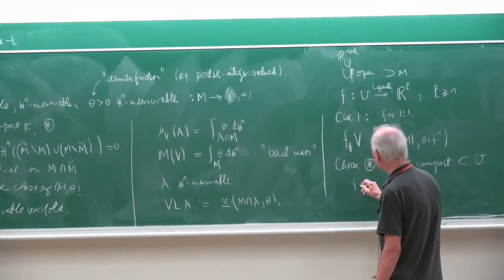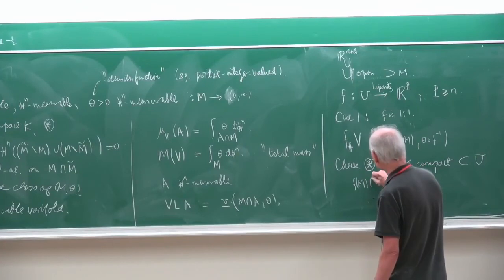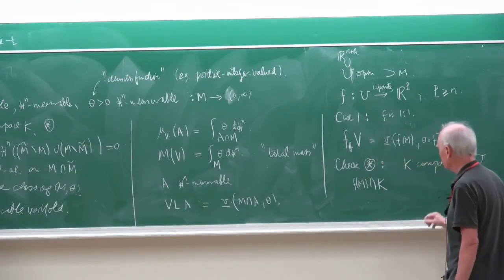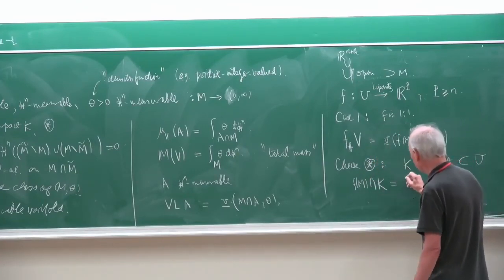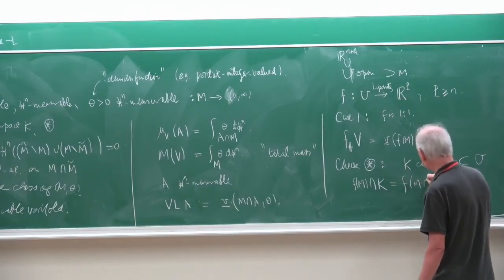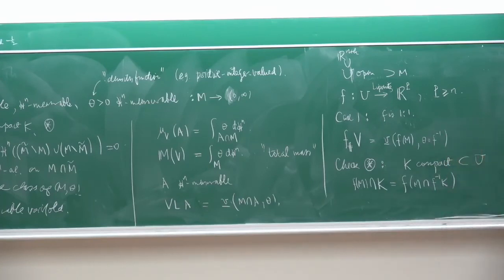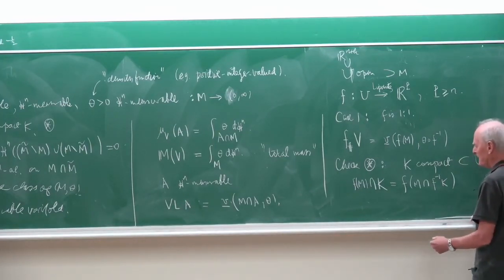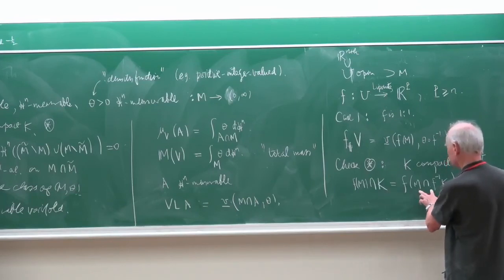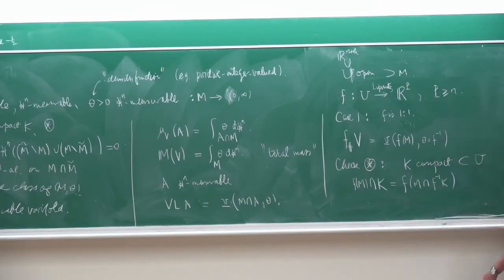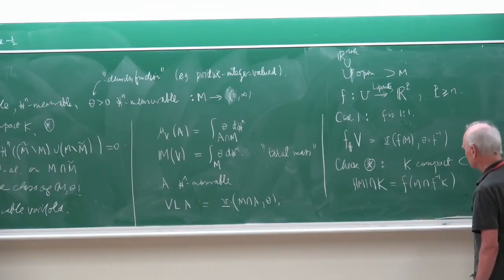So F(M) intersect K. What is that? Well, that's F of M intersect the pre-image of K. K needn't intersect F(M), but that's still a correct identity, nevertheless. Right? If K doesn't intersect F(M), then this is empty and this is empty. So it makes sense.